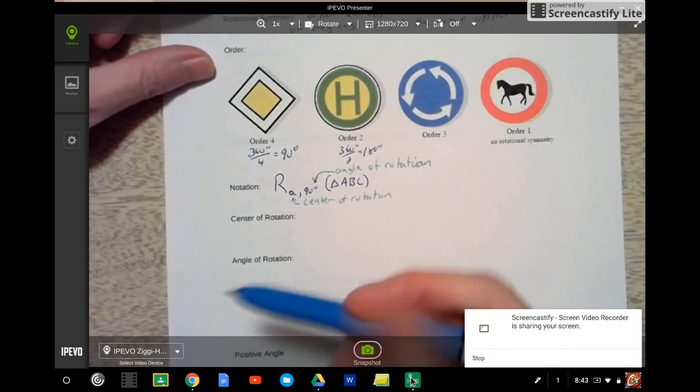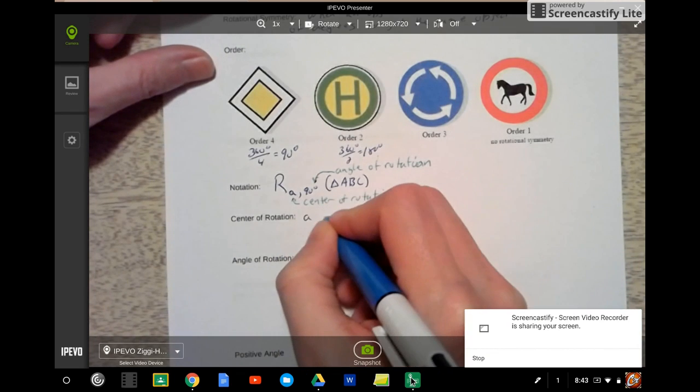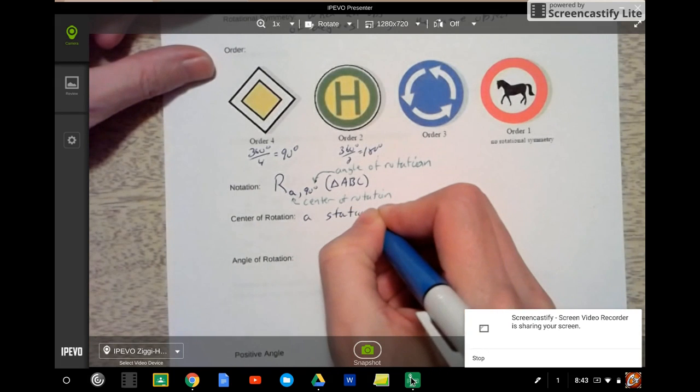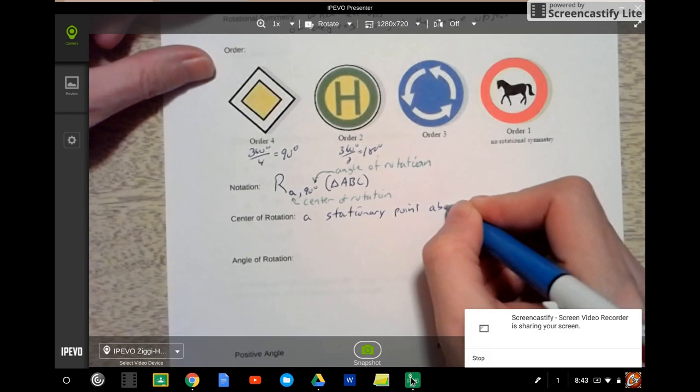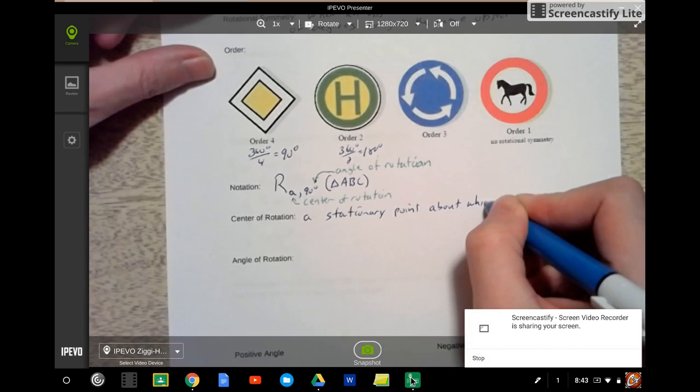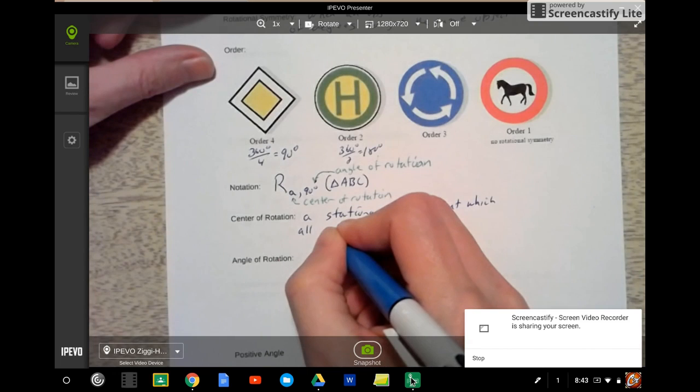So the center of rotation is a stationary point about which all other points are moved.